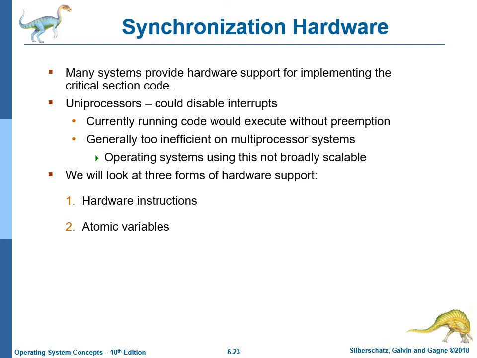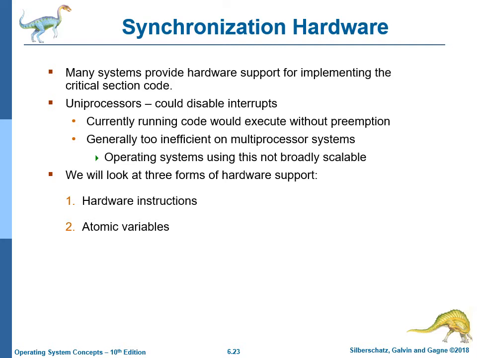So in many modern computer systems, therefore, they provide special hardware support, which is hardware that will allow the user to test and modify the content of a word, or to swap the contents of two words, secara atomically, di mana only one uninterruptible unit.